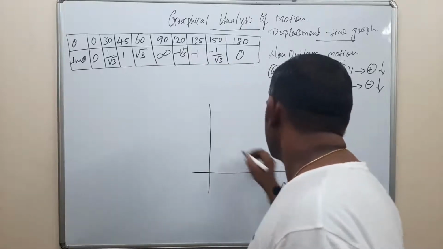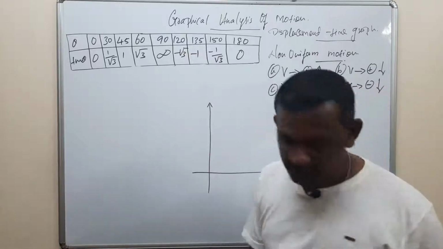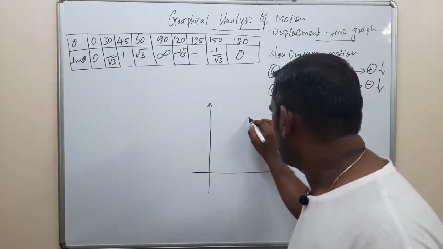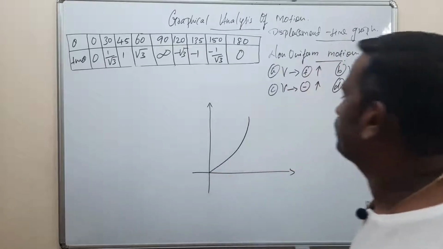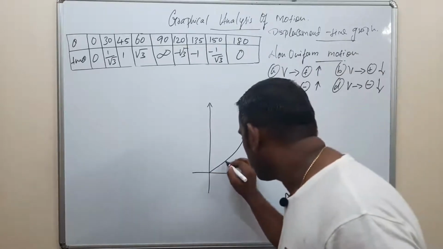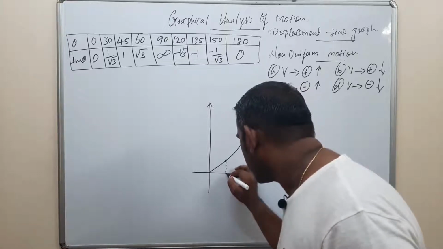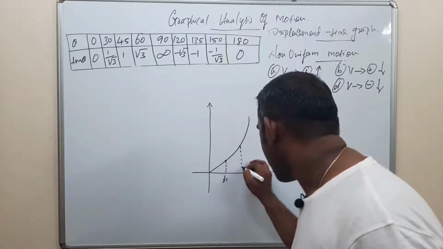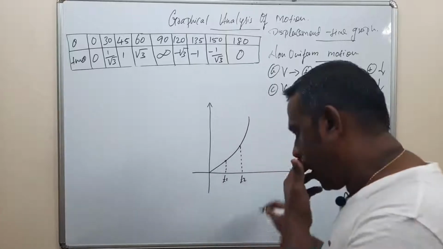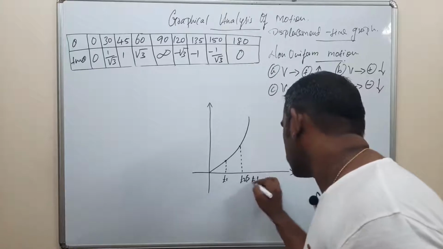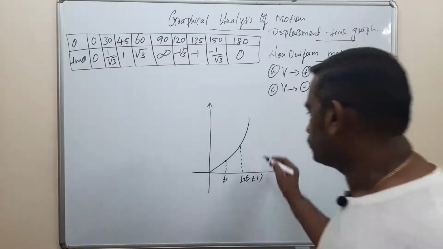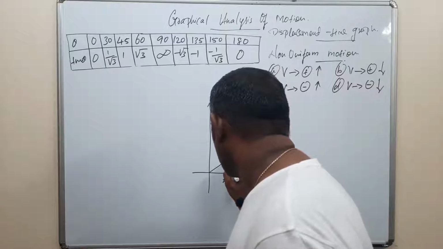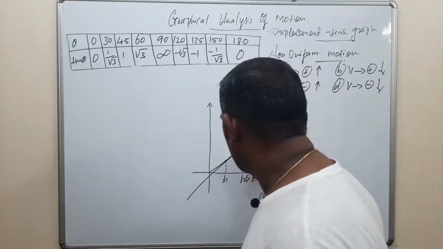So this is a displacement time graph. The points at time t1 and time t2, t2 greater than t1.